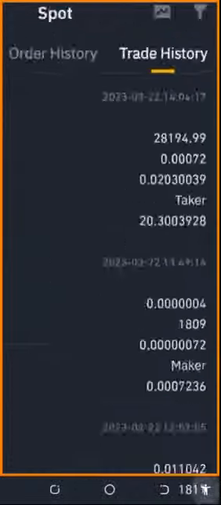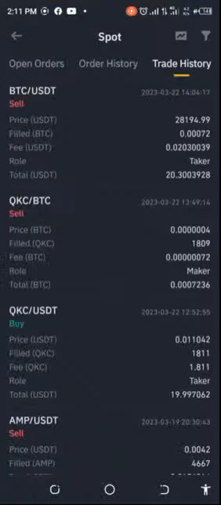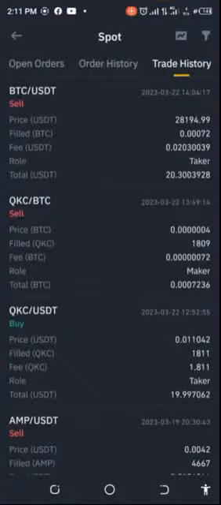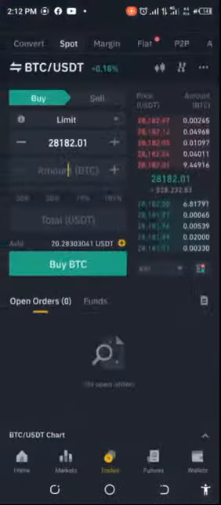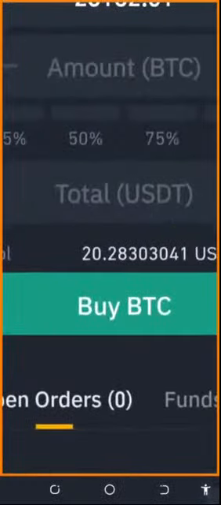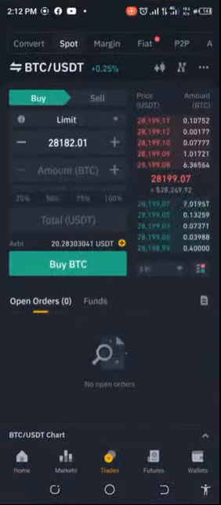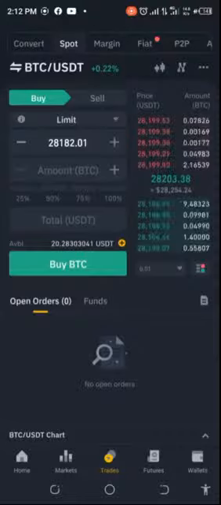The total USDT plus the fee was 20.30, but when they took out their 2 cents, that's why what we have here is 20.28. So just remember that the fees were taken out. Initially, BTC USDT didn't attract any fees, but now the fees are back.